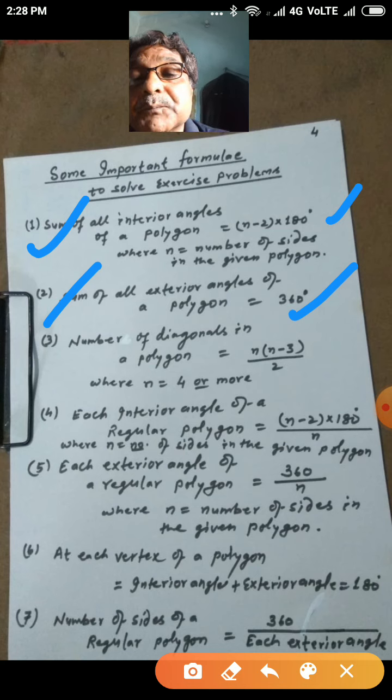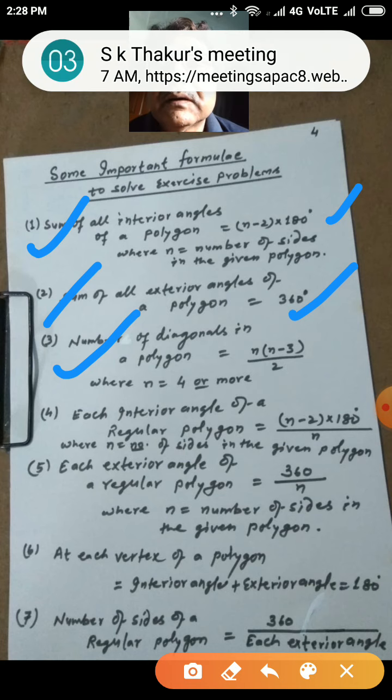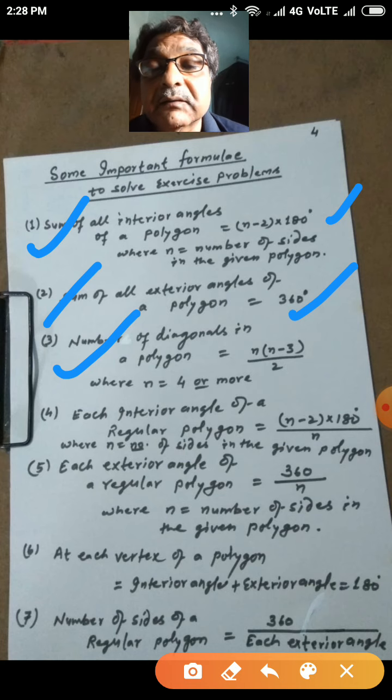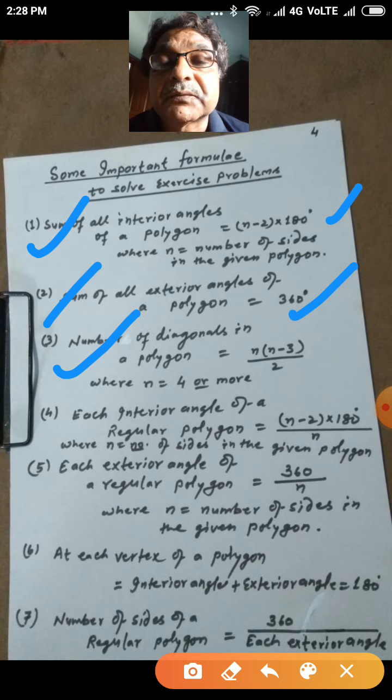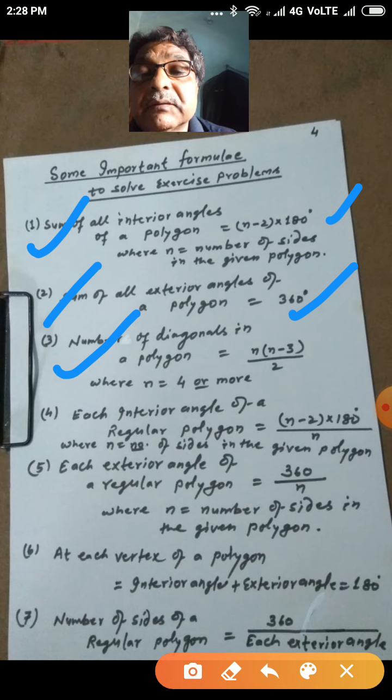Third is the number of diagonals in a polygon. You know a triangle, the polygon of 3 sides, doesn't have any diagonal, so diagonals start from the 4-sided polygon, that is the quadrilateral.